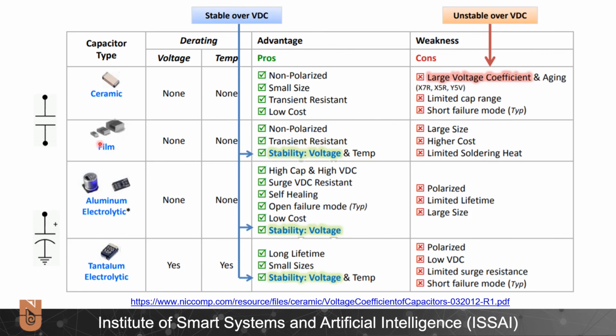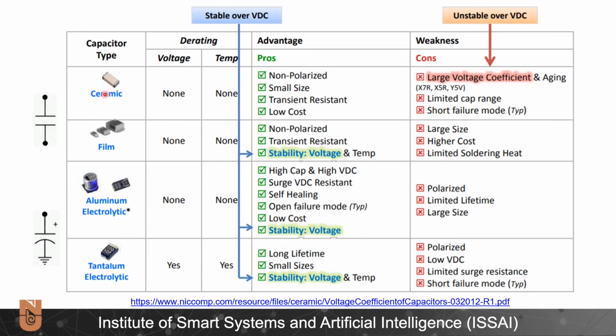The first two, ceramic and film ones, are non-polarized, whereas the electrolytic capacitors are polarized, which means that if you subject them to a polarity-changing voltage, which changes between plus and minus, smoke will come out and the circuit will fail for the electrolytic ones, so you must be much more careful.